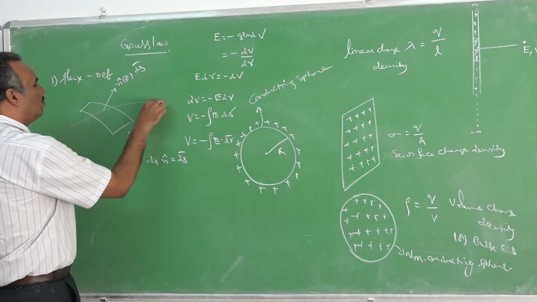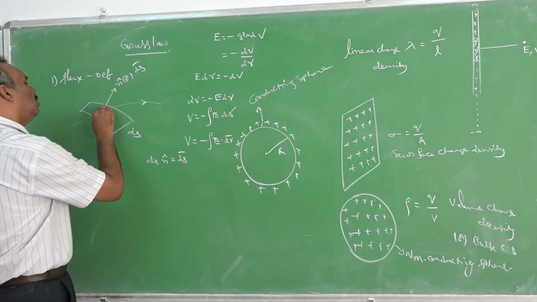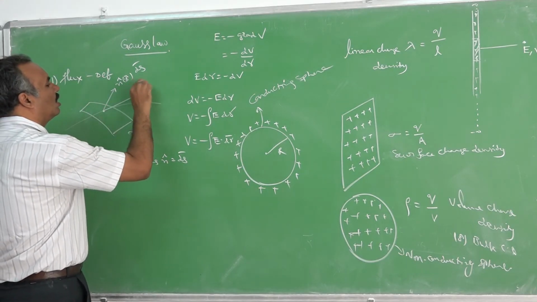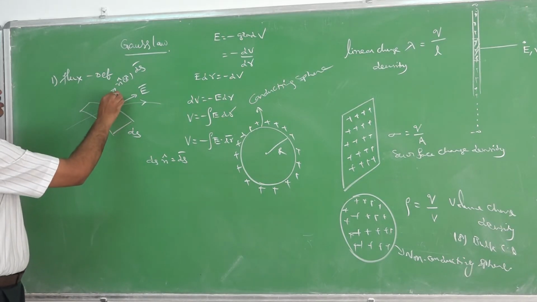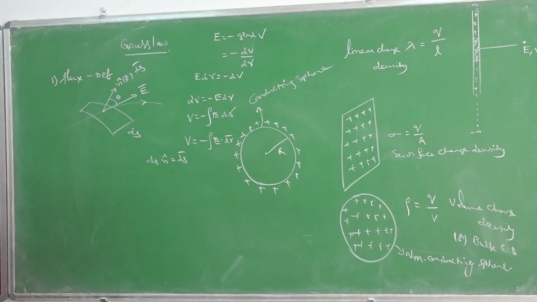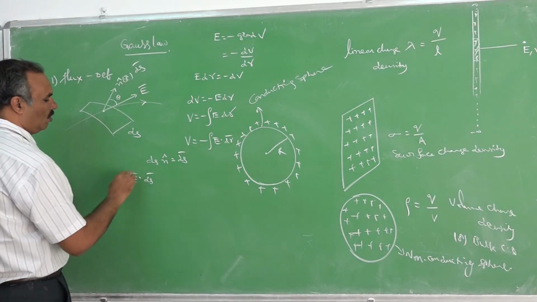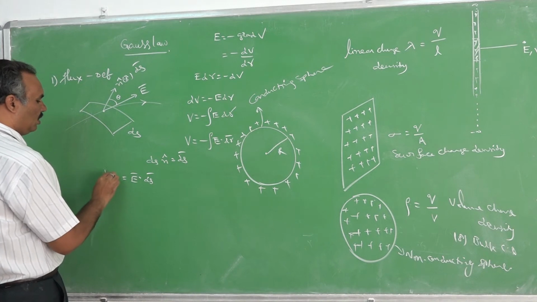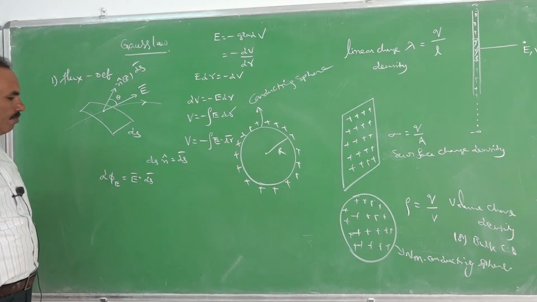From this surface, if an electric line of force is moving like this, the tangent drawn to the electric line of force will give the electric field strength. If suppose the angle between them is theta, then the dot product of these two, E bar dot ds bar, will give the electric flux passing through this small area.